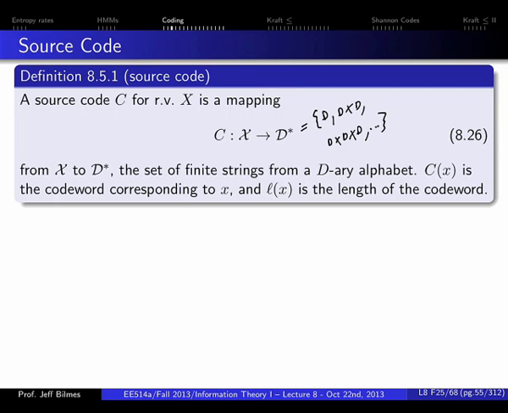We're just not saying how long it is. And for every source word, we're going to have a length, L, which is the length of the code word corresponding to X.